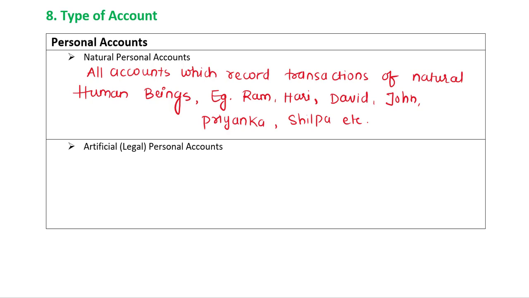So artificial personal account is created by law. So it is having a separate legal entity and a perpetual succession. So we should write over here they are having separate legal entity, created by law.